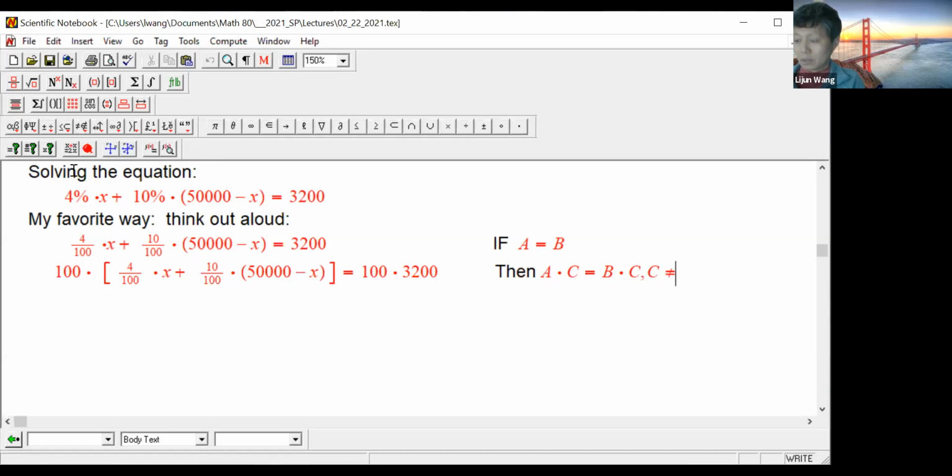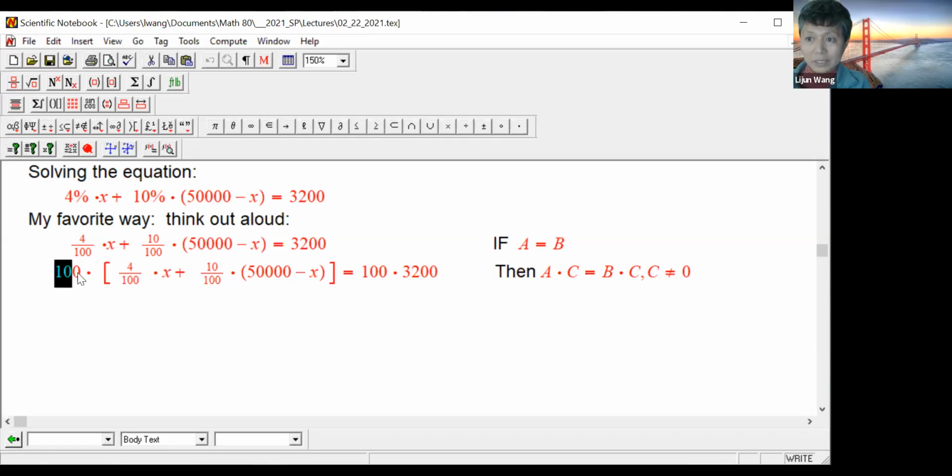This is the principle I'm using, and I want you to reflect on it. It's principle number 4. Do you have that on your flashcard? If A is the same as B, then A times C is B times C, provided that C cannot be 0. We have done a lot of explanations on that.